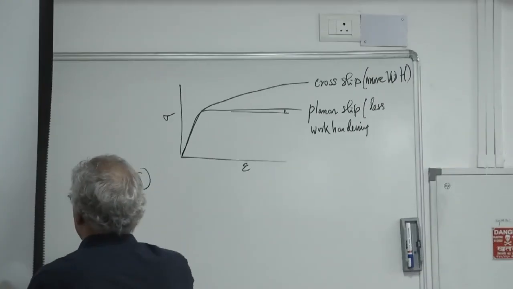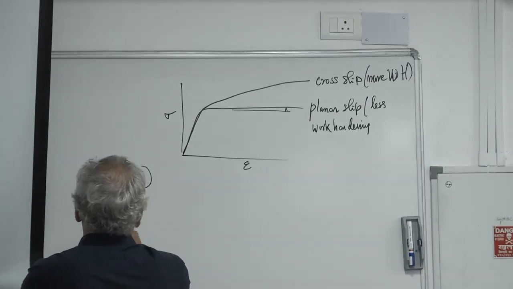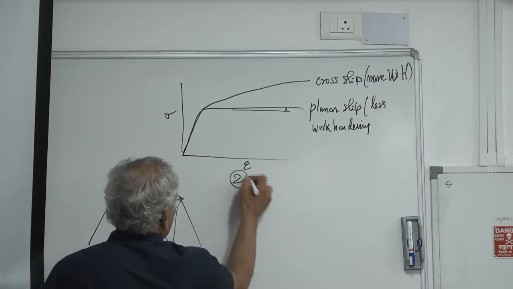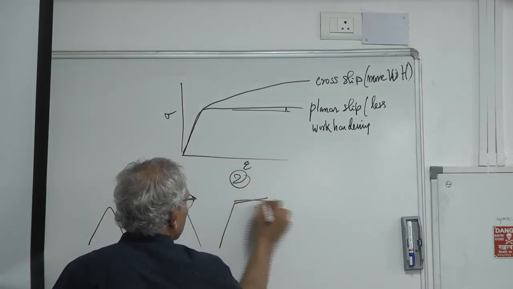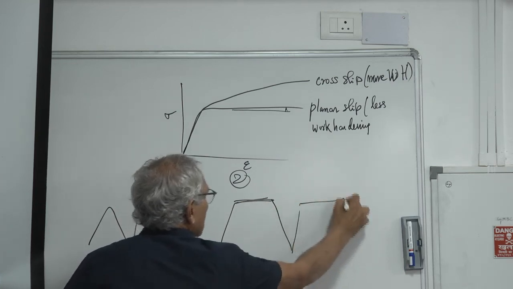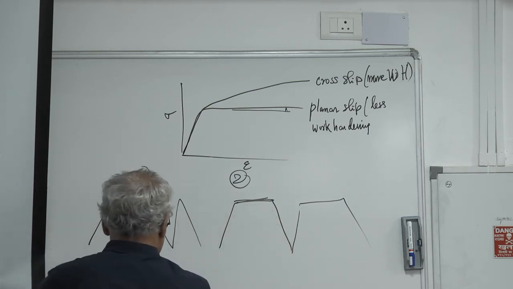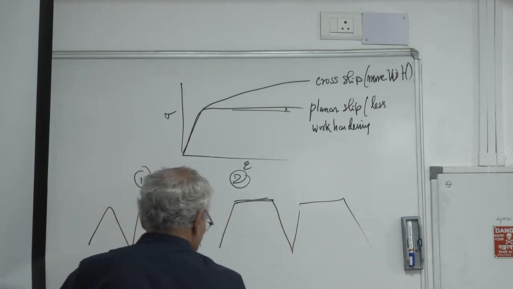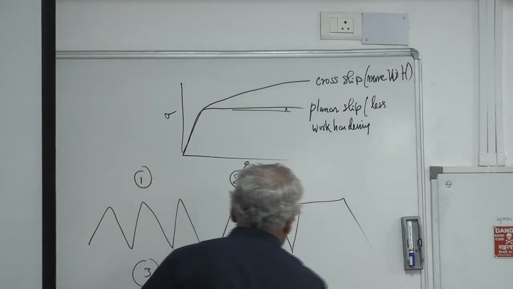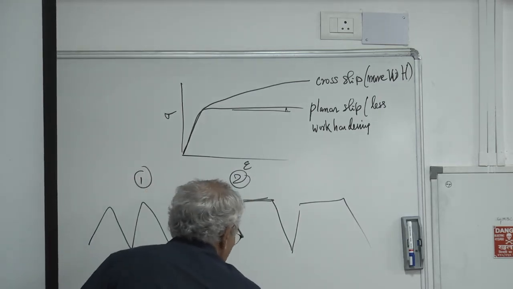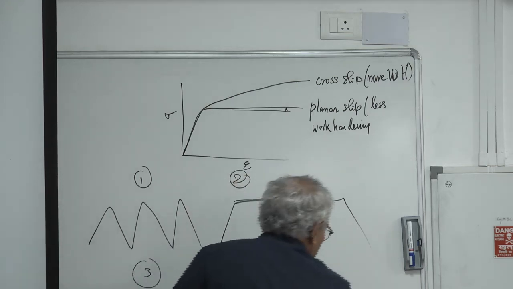Let me put this up. So number one we saw was, let us use the same waveform, triangular waveform. Number two we saw, okay. On number three we saw, I'm going to put this for a second. This is the dead load.